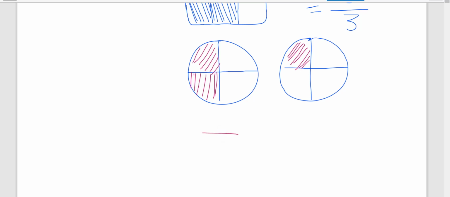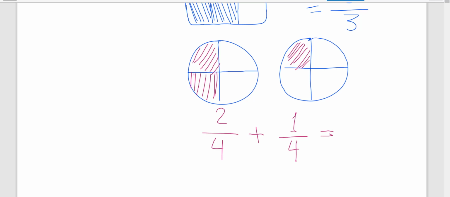Write the first fraction, 2 fourths, plus the second fraction, 1 fourth, equals what?